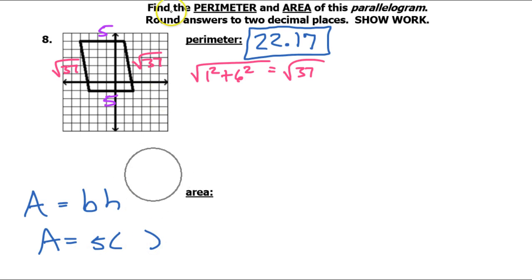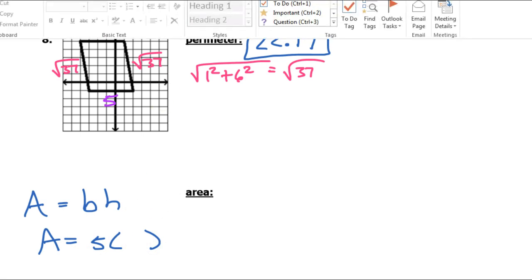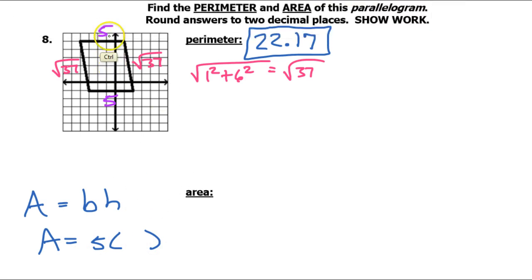What's the height going to be? Well, the height is the distance between the two bases. So this is the height right here. Vertically, so that height is 6.